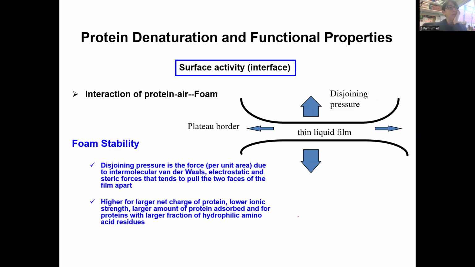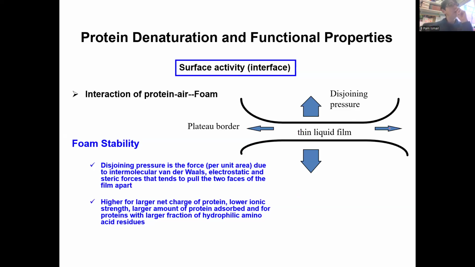Again, the foam stability is determined by so many factors. One is how thick the protein layer is and how much repulsion you have between two bubbles, the disjoining pressure due to charge, for example.